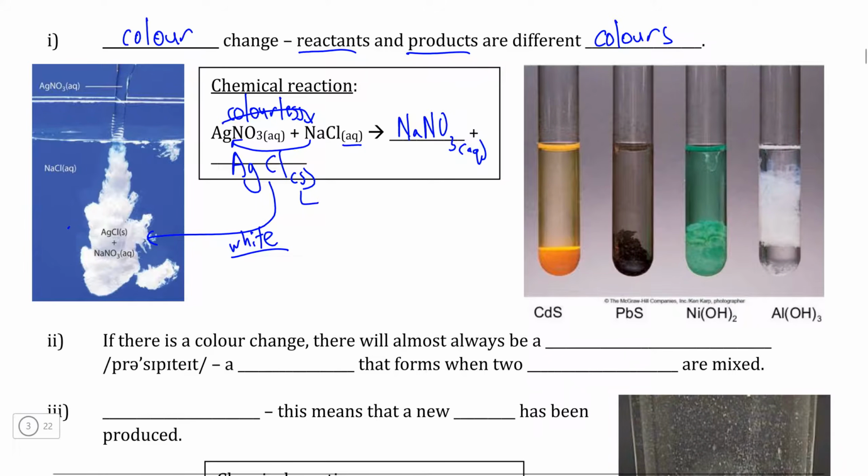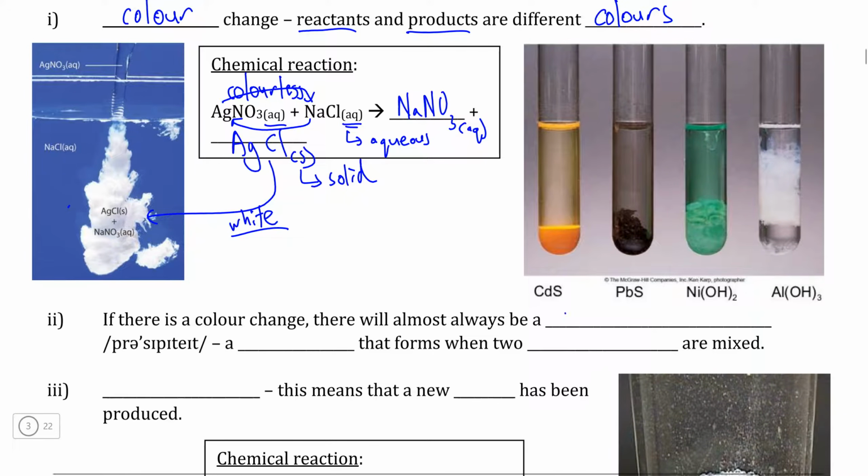Now, the observant among you will also recognize that I labeled the state of matter of silver chloride as being solid, while both of the reactants were dissolved in water. That's what the AQ means. AQ is short for aqueous, meaning dissolved in water. This is actually a second example of a recognizable change, that being the formation of something that we call a precipitate.